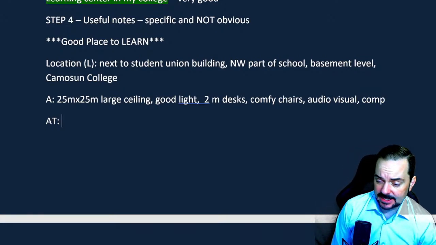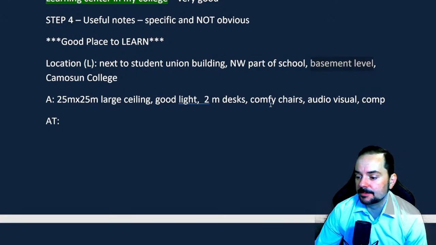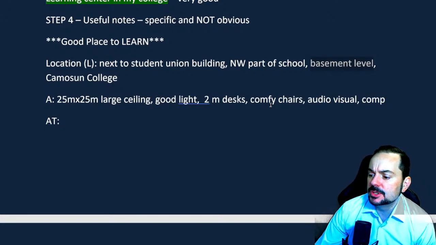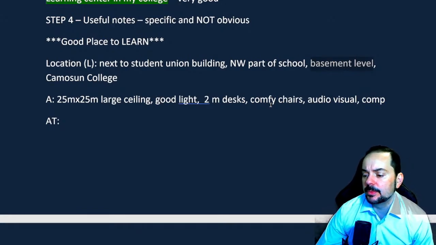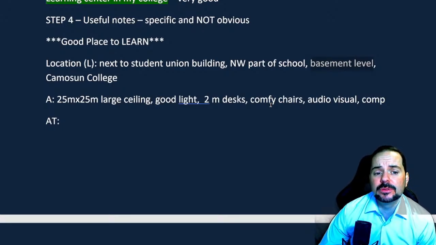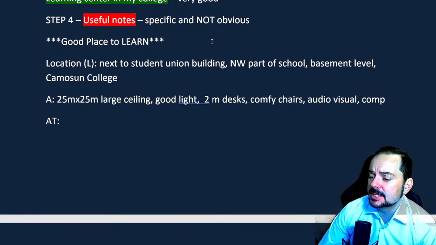Okay, Ken says quiet. Yeah, when I'm thinking about basement level, Ken, that's what I'm thinking, quiet. That's a good one. Amu says the building can accommodate around 500 people. So Amu, you're really writing full sentences. That's more for the next part where we're actually speaking. For the notes, remember, these are just useful notes, so try to keep it simple.